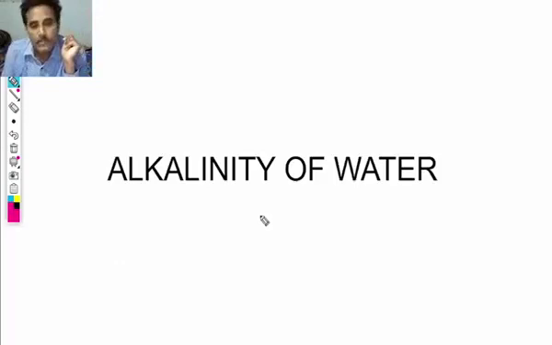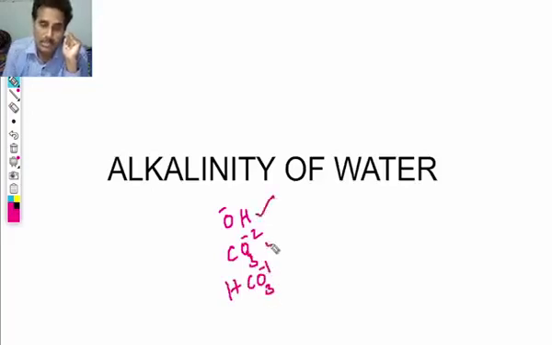So what are the ions that cause alkalinity? Here 3 ions cause alkalinity: OH minus, CO3 2 minus, and HCO3 minus. Hydroxyl ions, carbonate ions, and bicarbonate ions are the 3 ions that cause alkalinity.